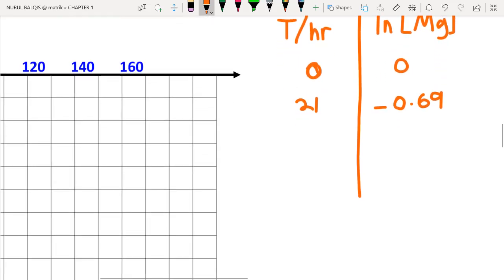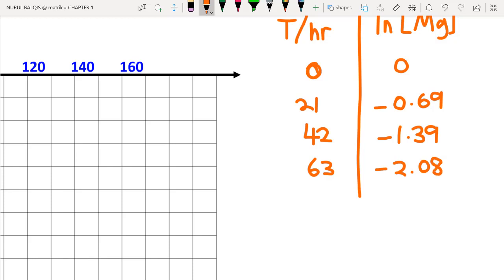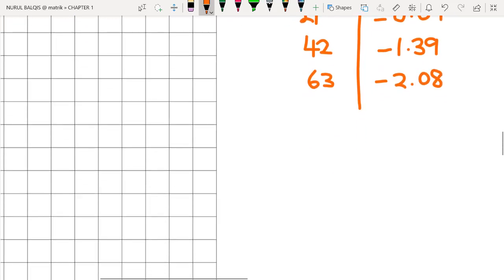You need to do this table in order for you to plot correctly. So we have negative 1.39, and then we have 63 hours, then the value will be negative 2.08, followed by 84 hours.